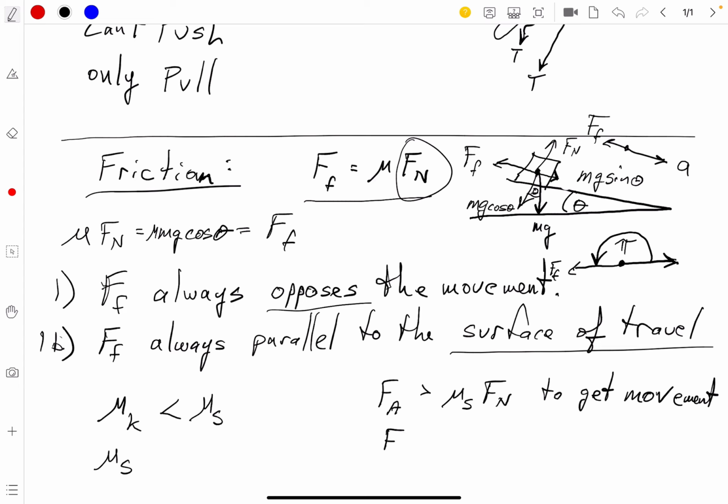And once you have movement, your force applied has to be greater than your mu kinetic times the normal force to maintain movement. All right, so you can get movement initially, and then you can maintain it once you have it. And that's where these two things come in, static and kinetic. All right, S for static, K for kinetic. You get it.